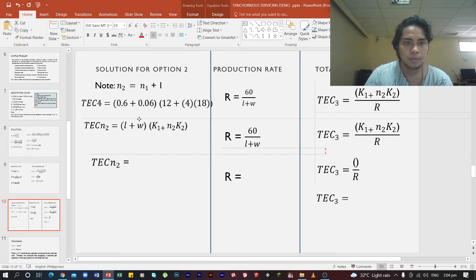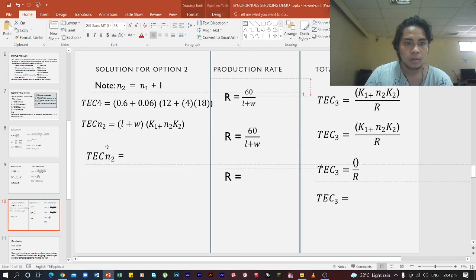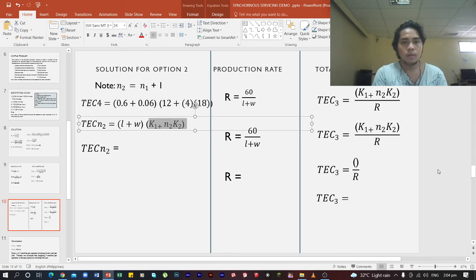So let's solve. 0.6 plus 0.06 times 12 plus 4 times 18.